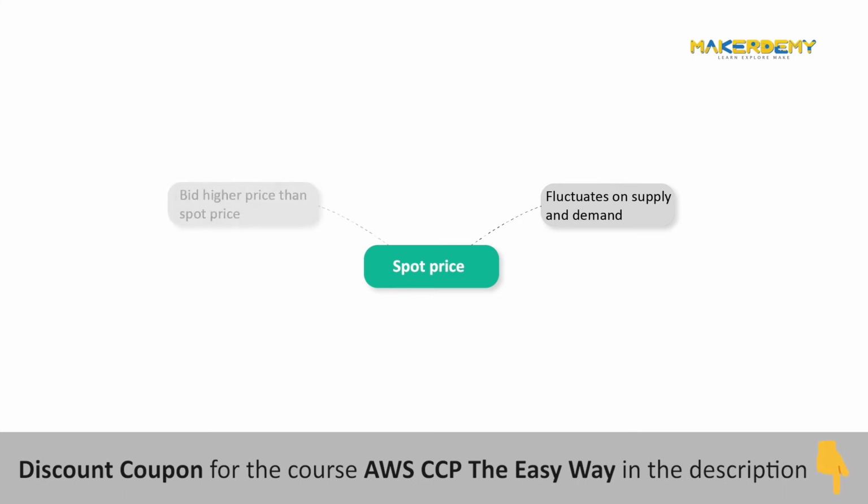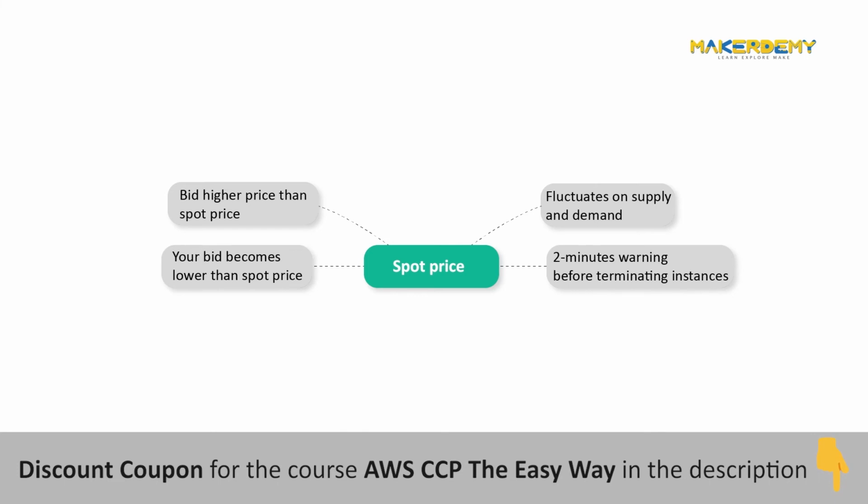If our bid price for an instance type is higher than the spot price, we'll get to purchase that instance. But as soon as our bid price becomes lower than the fluctuating spot price, you will be issued a 2-minute warning before the instance automatically terminates and is removed from your AWS environment.